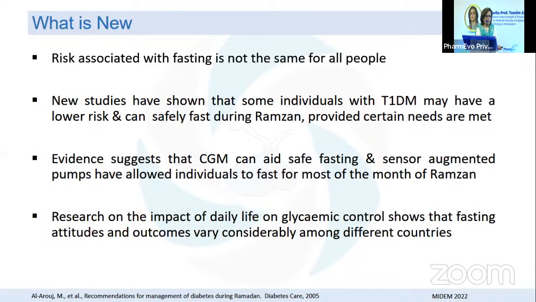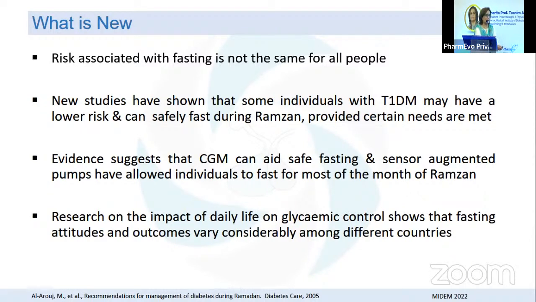Fasting attitudes and outcomes vary considerably amongst different countries, and this is not difficult to understand either. We fall into the MENA region, and most of these research studies have obviously been done in the Muslim countries of the MENA region.